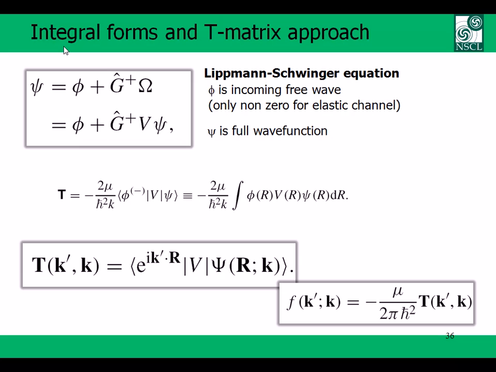Now let's look at our problem. What we want is to write the T matrix. So that T matrix was defined, I have it there, 2 nu over h bar squared k phi minus V psi. So let's put it in. F of theta would be, so I'm going to put it in this expression. For each L, I'm going to put it in here.